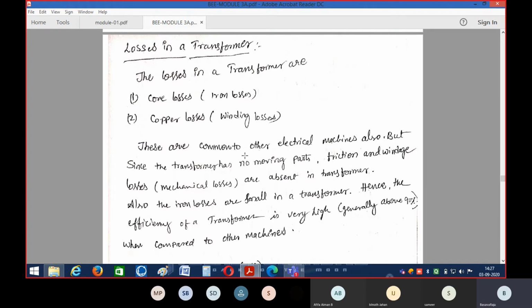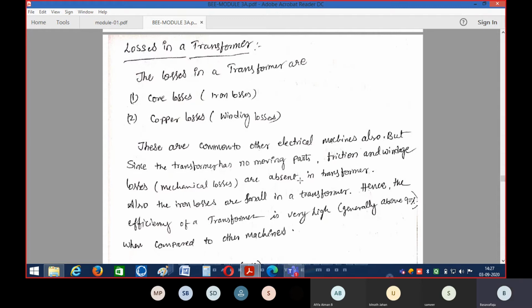So the next important topic is losses in a transformer. In any transformer we have various losses taking place. There are two important classifications: one is core losses, or iron losses, and the other is copper loss, or winding losses.